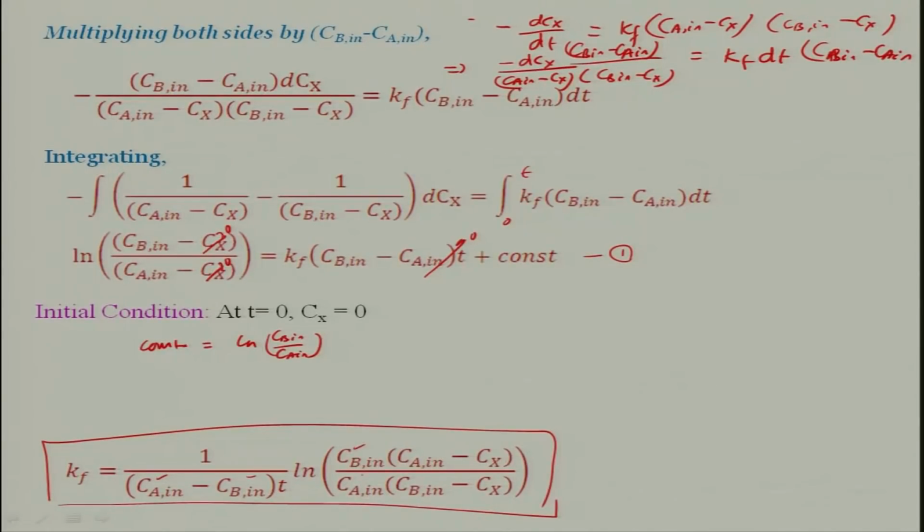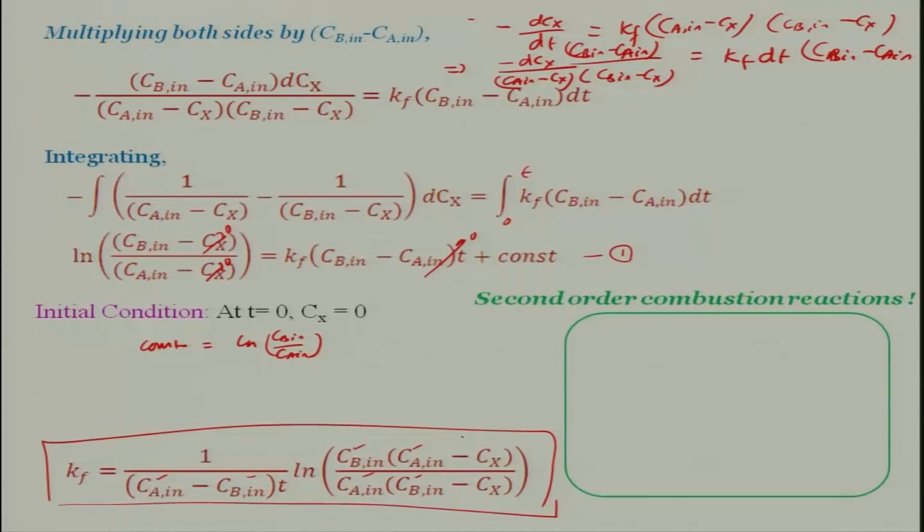If I can measure Cx with respect to time, then I can find out Kf. By this you can find the relationship for Kf, and if I know Kf, you can also find out how Cx will vary with respect to time.